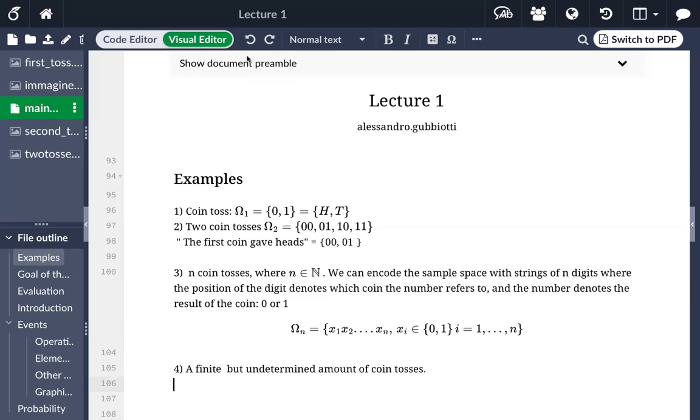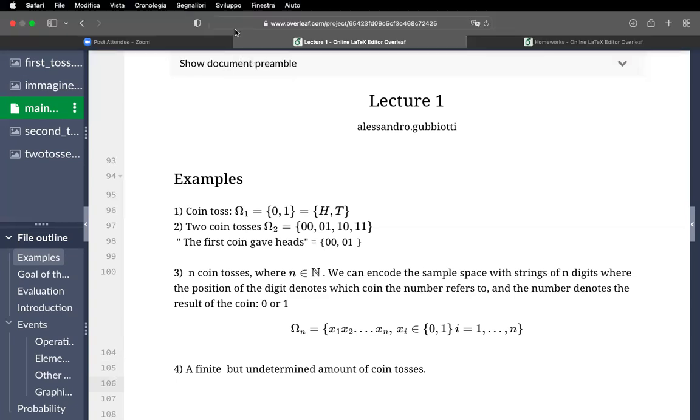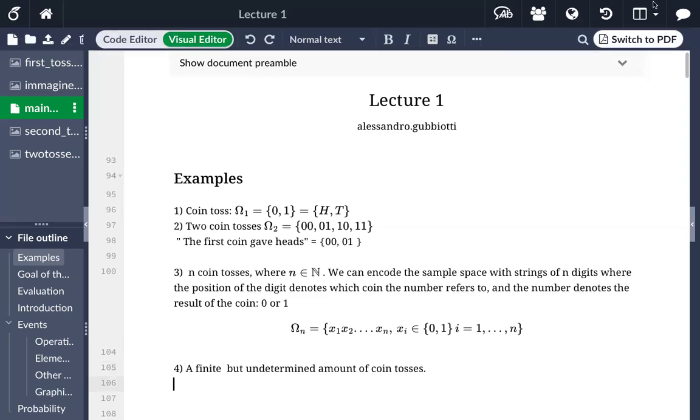Okay, so how can we write the sample space?